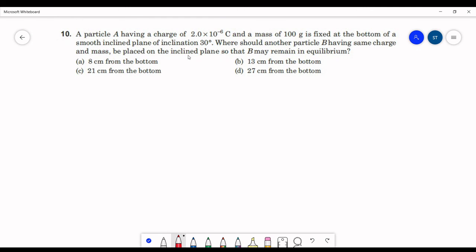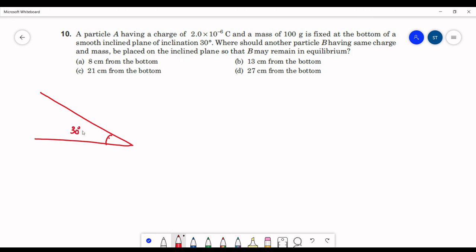So the next question given is, a particle A having a charge of 2 into 10 power minus 6 coulomb and mass 100 grams is fixed at the bottom of a smooth incline of inclination 30 degrees. Where should another particle B, having the same charge and mass, be placed on the inclined plane so that B will remain at equilibrium? So here we are given an inclined plane of inclination angle 30 degrees.